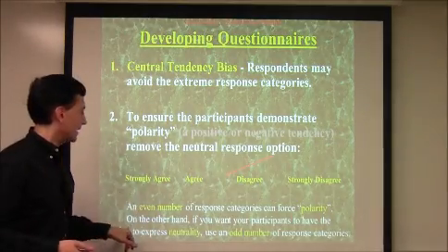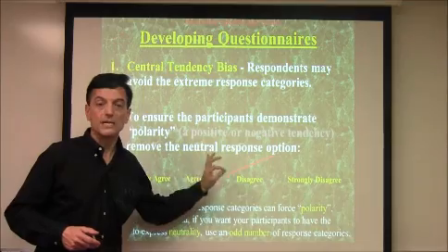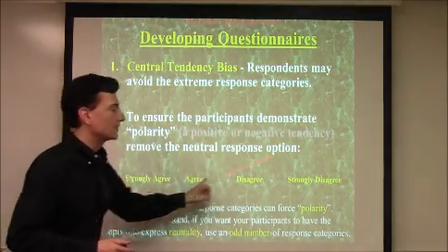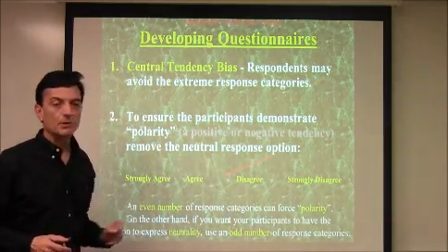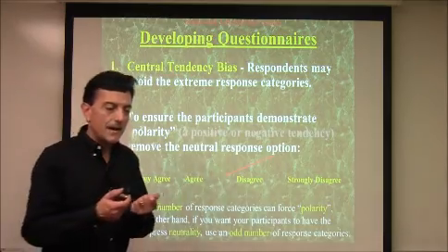Okay? On the other hand, if we choose to allow some neutral option, you might want to leave that as a possibility, then you can have an odd number of items on your Likert scale. And the centralmost item there would, of course, be the neutral item. So you need to think about that in advance.